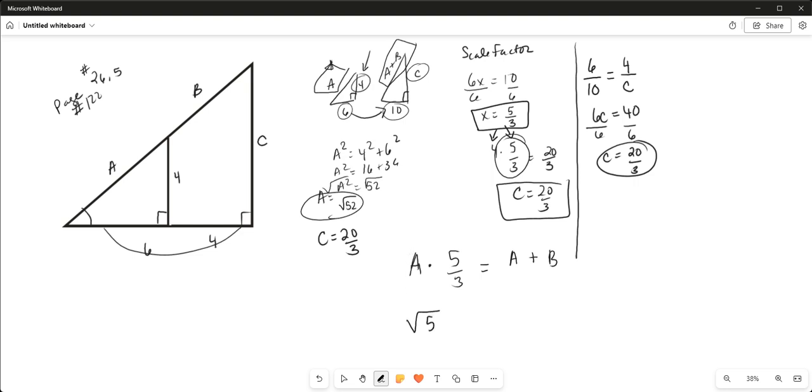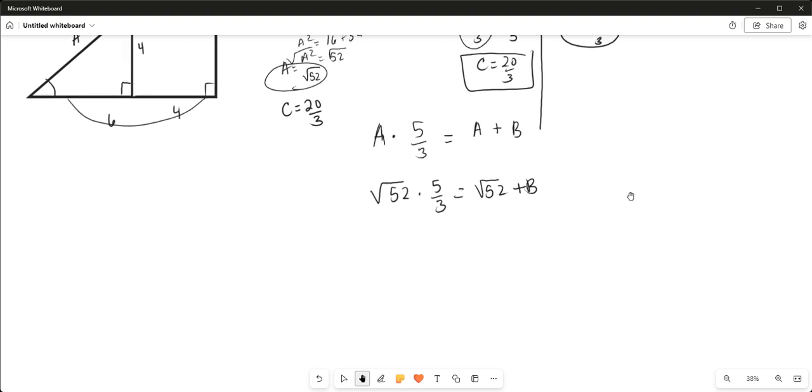Okay, so that means we know what a is. It's the square root of 52 times 5/3, and it's equal to the square root of 52 plus b. So we multiply, so that's 5 square roots of 52 over 3 equals the square root of 52 plus b. Then I'm going to get rid of that denominator so that it makes it easier to solve by multiplying each term by 3.